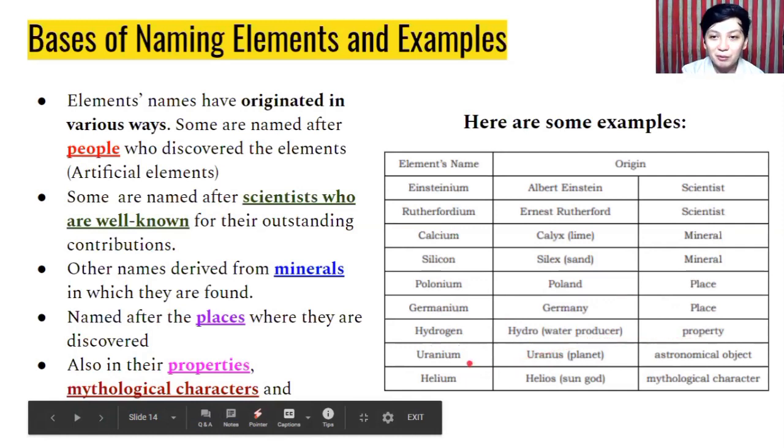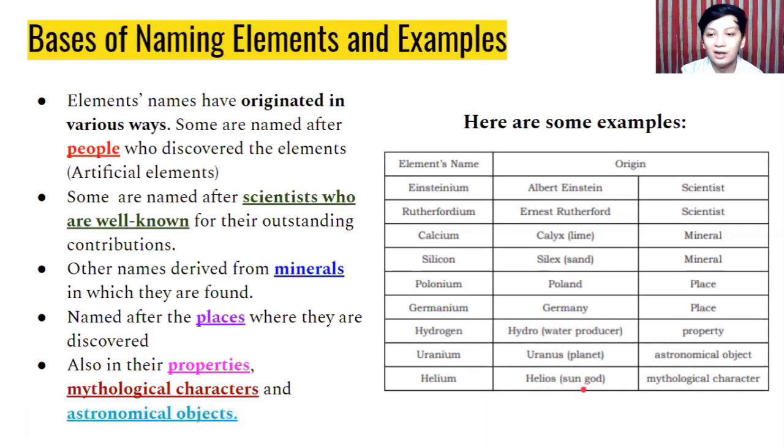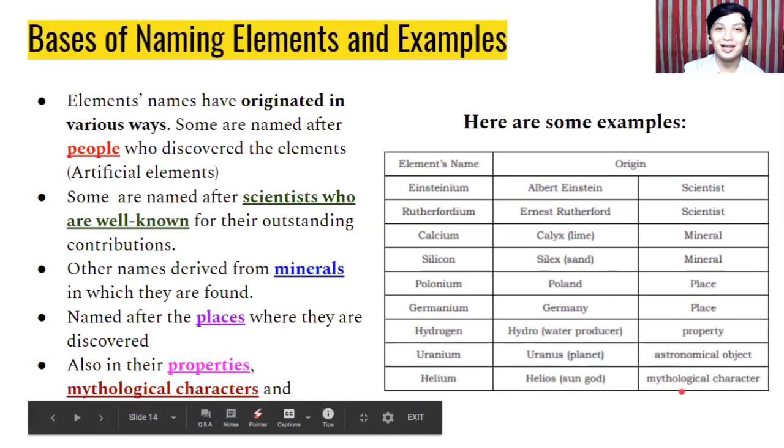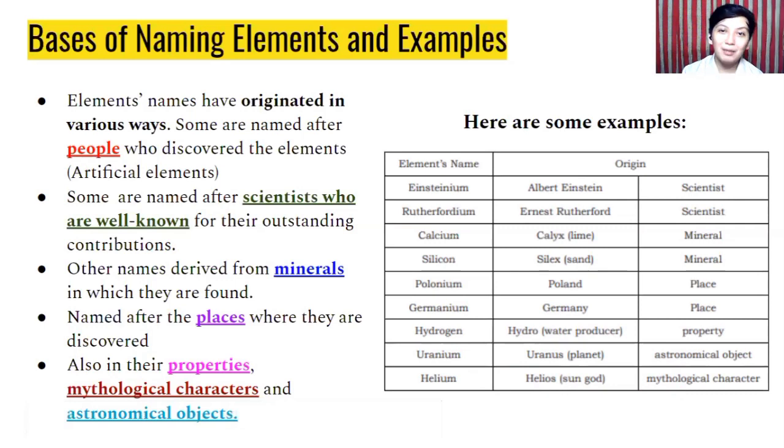And then uranium, its origin is from the planet Uranus, which is an astronomical object. So we have Neptunium and so on. And we have helium, from Helios, the sun god, a mythological character. So those are the examples of the element names and where they came from.